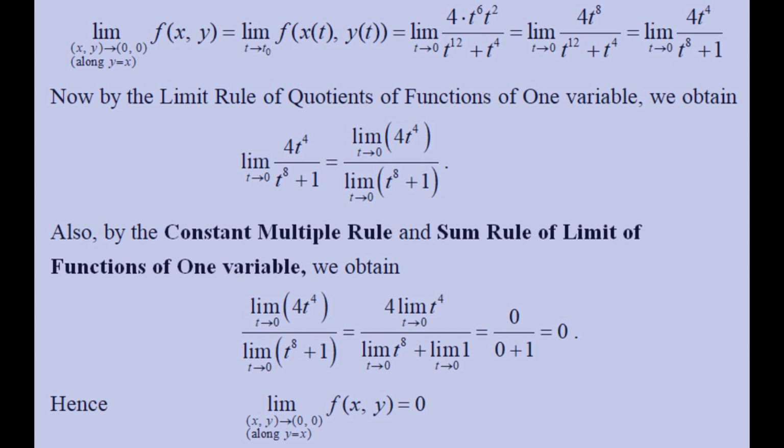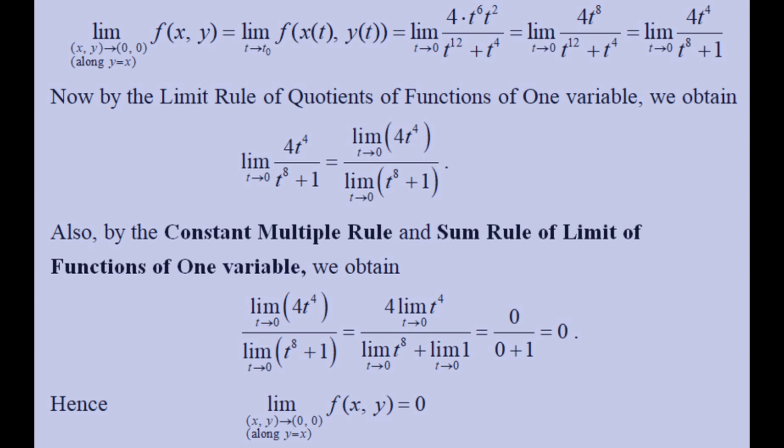Now, by the limit rule of quotients of functions of one variable, we obtain limit t approaching 0 of the quotient 4t⁴ by t⁸ + 1 is equal to limit t approaching 0 of 4t⁴ all divided by limit t approaching 0 of t⁸ + 1.